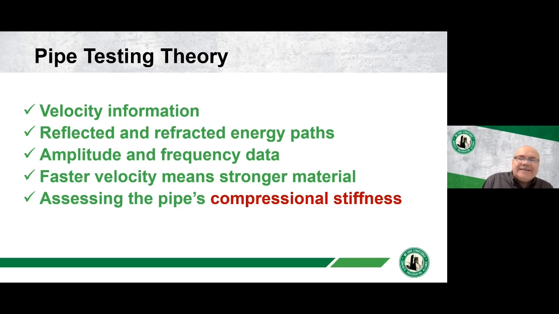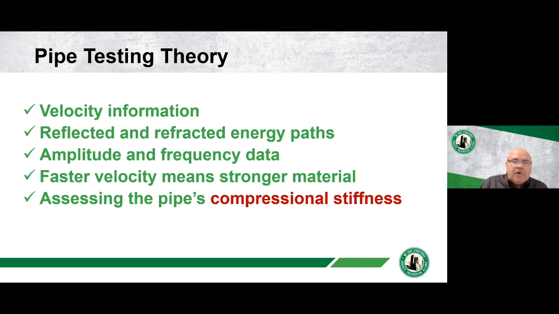Reflected and refracted energy waves go through normal concrete and pipe one way and go through pipe with anomalies in a different way. We need to understand how the amplitude of that energy and that frequency, that energy is trapped between the outer part of the pipe and the inner part of the pipe, and that oscillates in between there, and we can understand the integrity of the pipe by how the velocity and frequency data of the inner core or the outer core or the whole pipe in general.